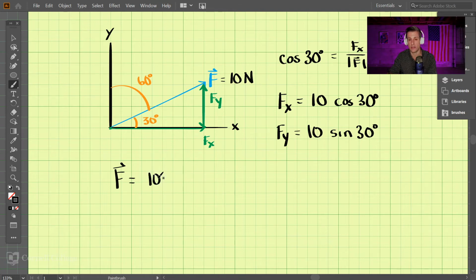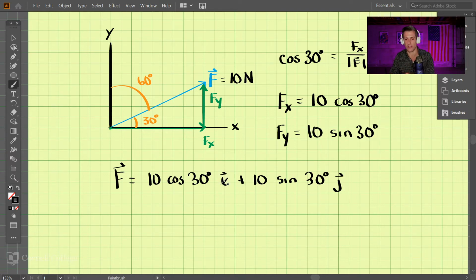Okay, so if we want to represent F in x, y, z components, we can write that as F is equal to 10 cosine 30 degrees, and that's the x direction, so we write an i here. And then we have 10 sine 30 degrees, and that's in the j direction. And I put these little hats on these because these are vectors pointing in those directions.